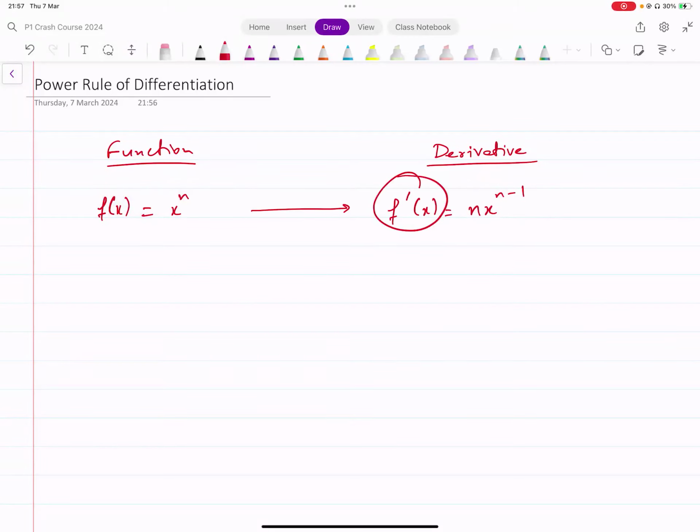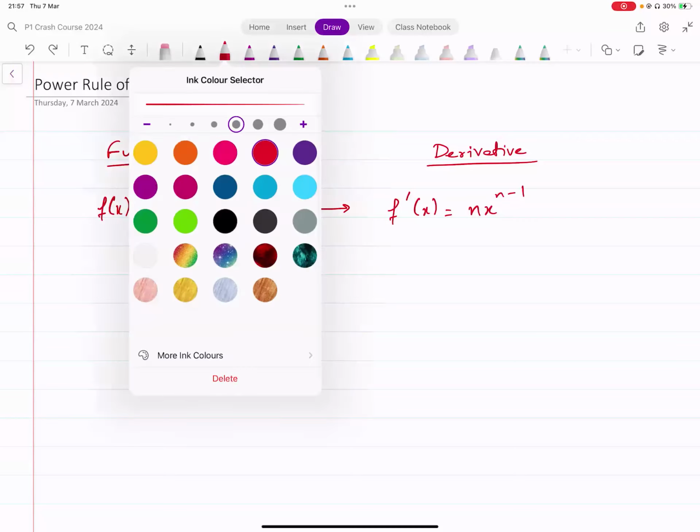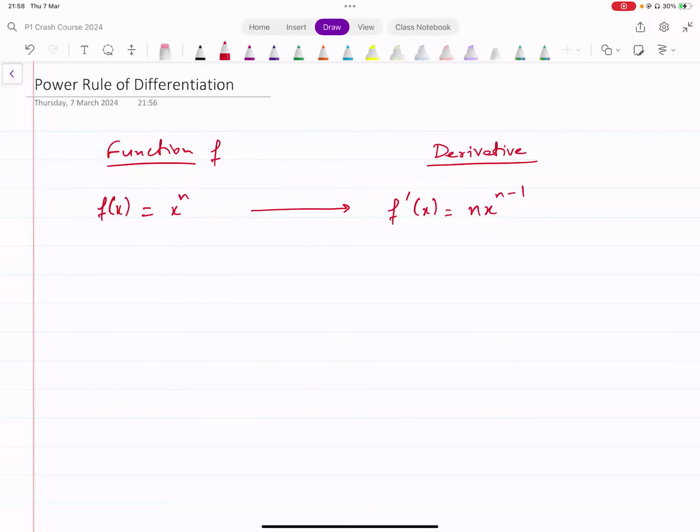This represents the derivative of f. Okay, so let me write that here. This is function f, and this is the derivative of f. So function f is f of x, and the derivative of f is f dash of x or f prime of x. All right, so that's a notation that you need to be aware of.